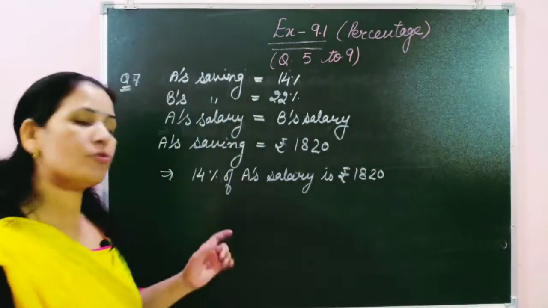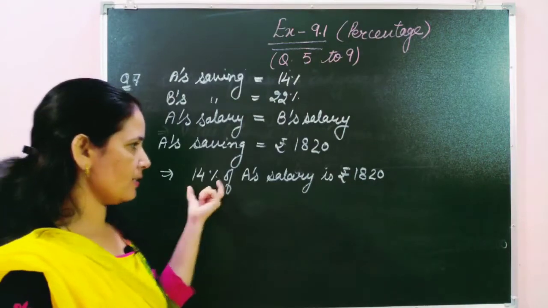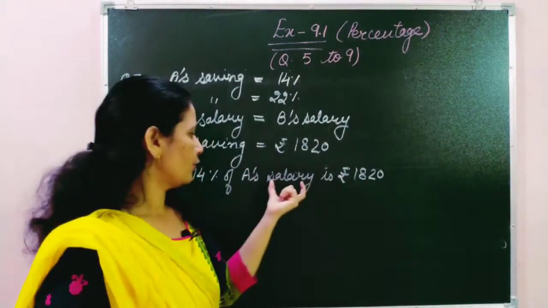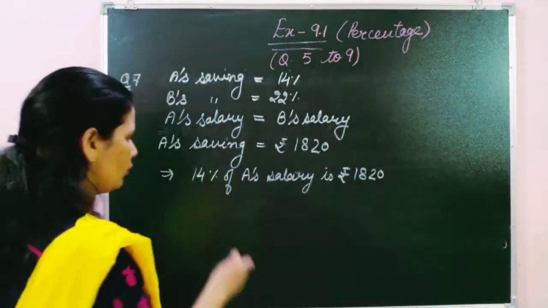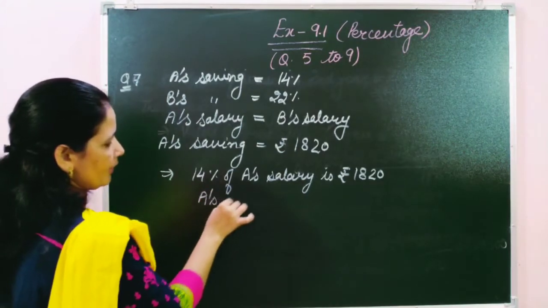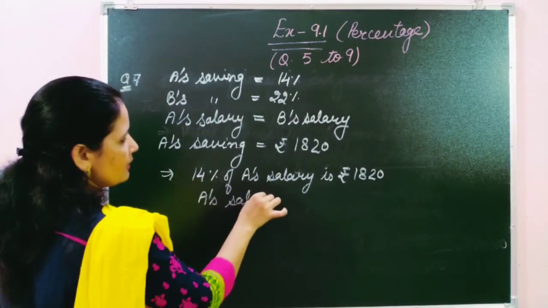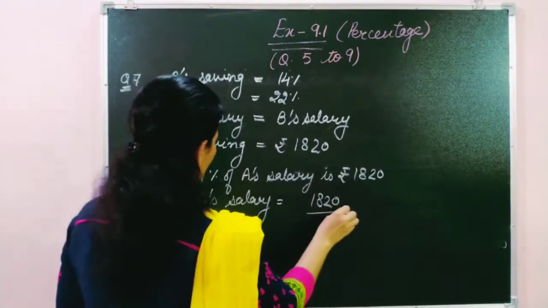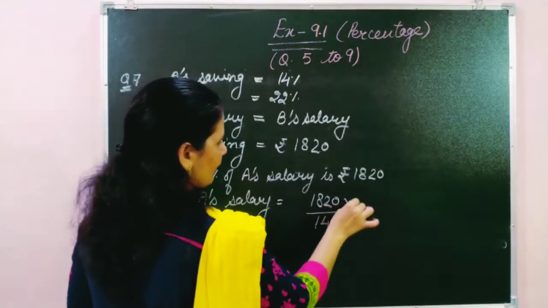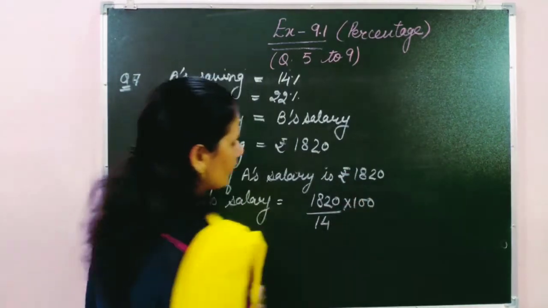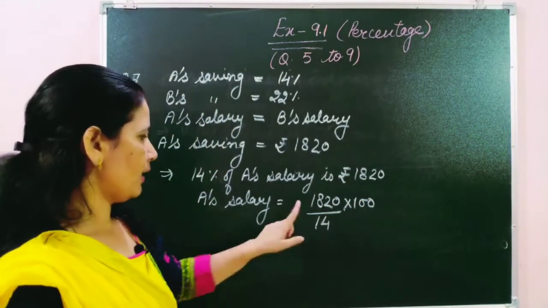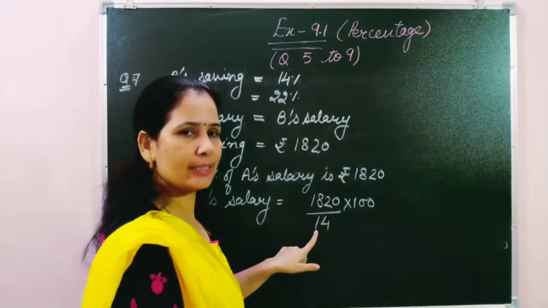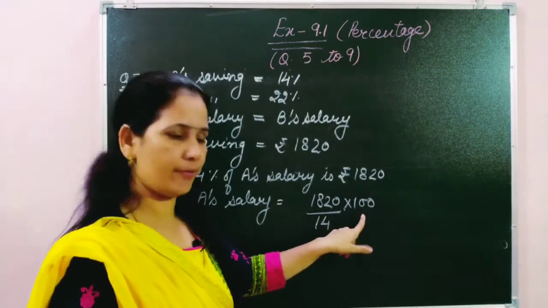1820. Now students, you observe, this is the percentage, this is the part, which one is missing? Salary. So here we will find A's salary. To find A's salary, the amount is divided by the percentage and multiplied by 100. Okay students, amount divide by percentage, multiply by 100.